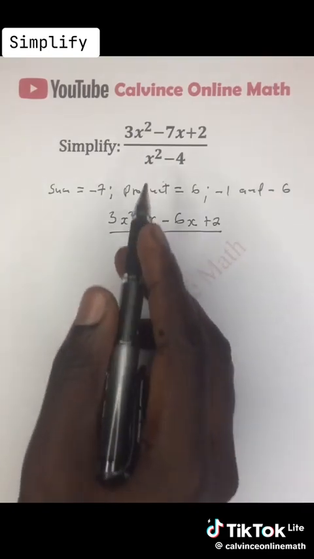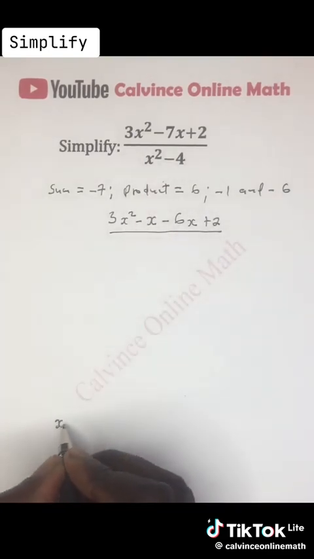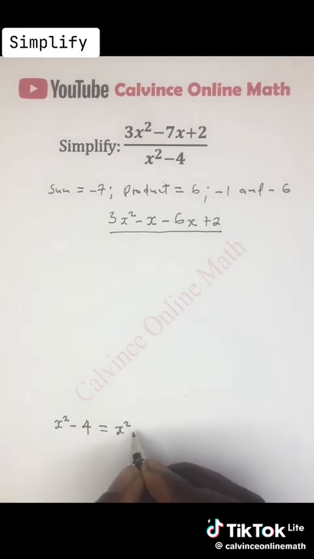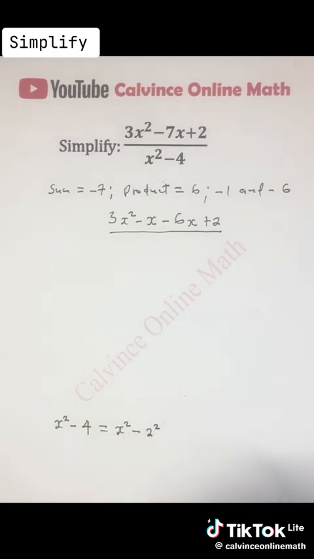First of all, if you look at it, we have x² − 4, which we could write as x² − 2².